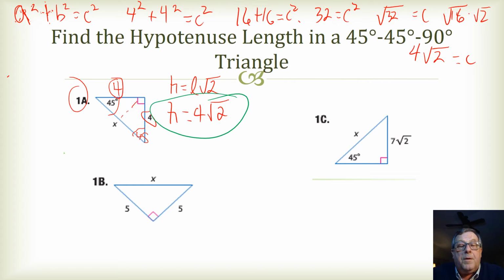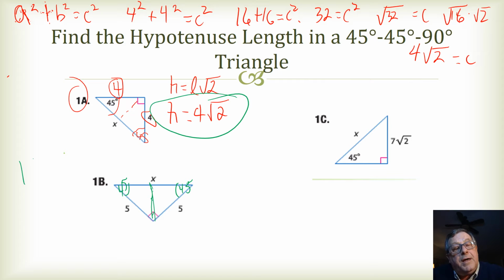Now, let's look at 1b. Again, the first thing I want to do is locate the hypotenuse. It is directly across from the right angle, so x again is the hypotenuse. I have two leg measures here, 5 and 5. I don't have any measure for these other two angles, but since the sides have the same measure, those two angles are going to have the same measure.